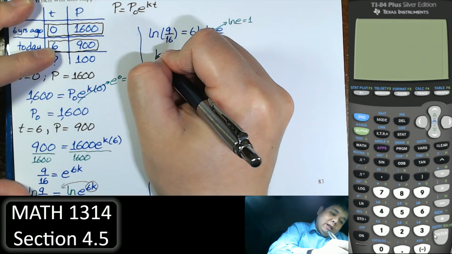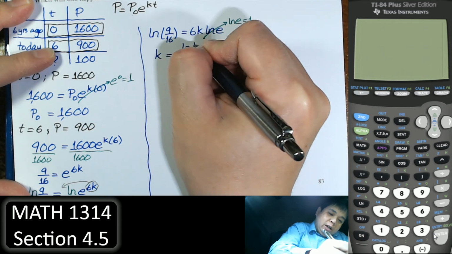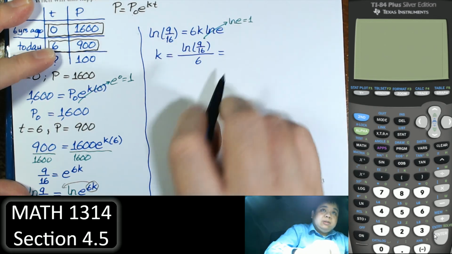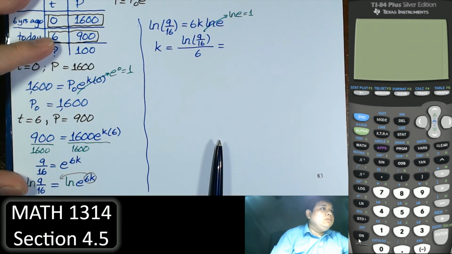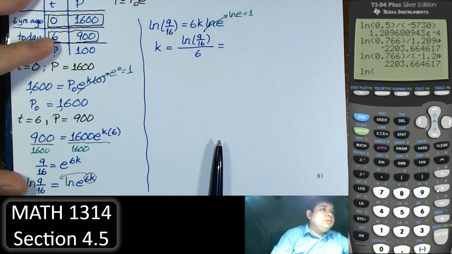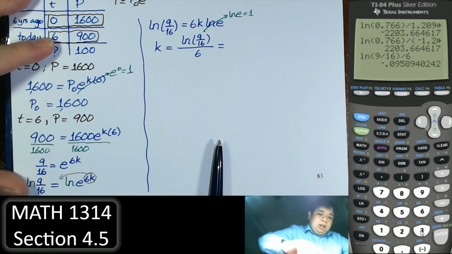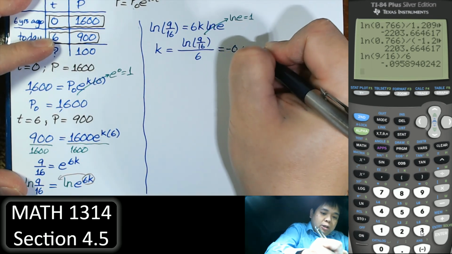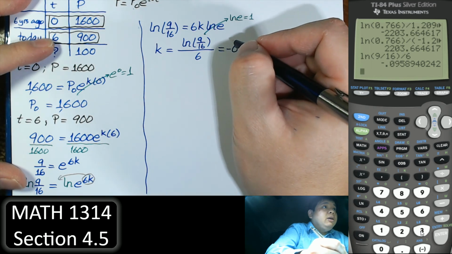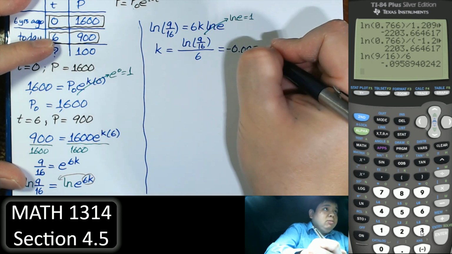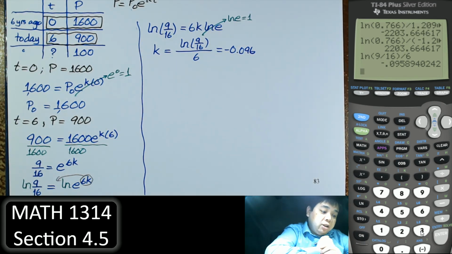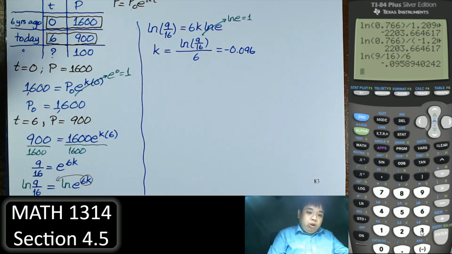So k is equal to ln of 9 over 16 divided by 6. So we have negative 0.0958 and so on. Like I said, we're going to use the calculator to keep track of our decimal places. So we know the rate.